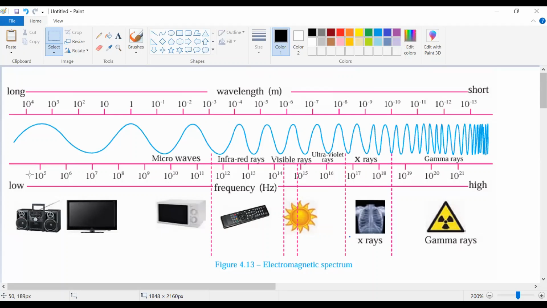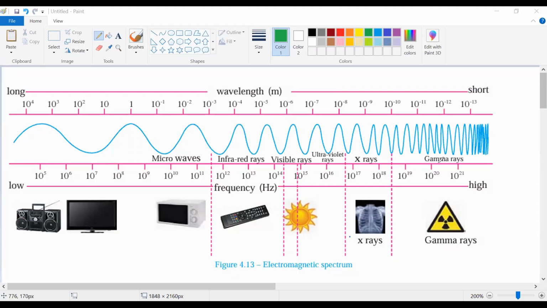But when you go from gamma rays to radio waves, the wavelength is increasing. Did you understand, son? That is what you need to understand. They can ask you questions in MCQs. They can give you some sentences about this and ask you for how the variation is taking place, right?